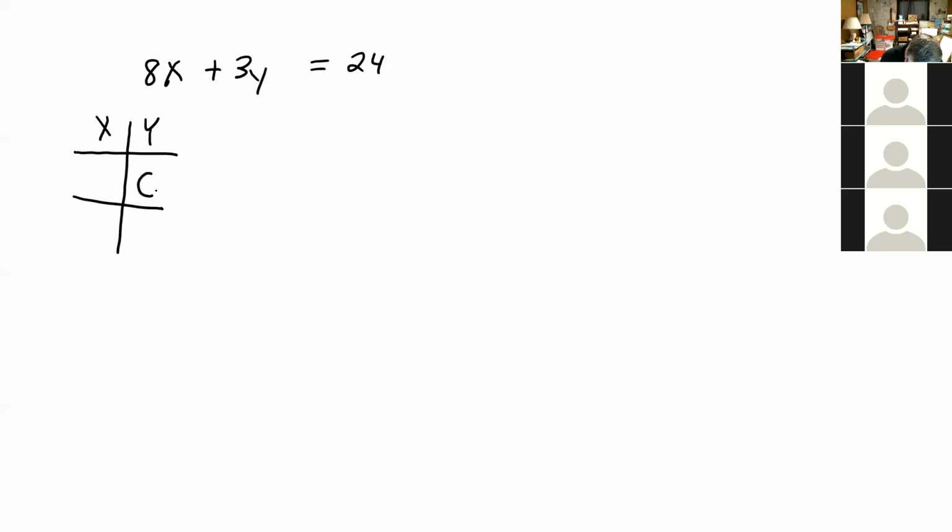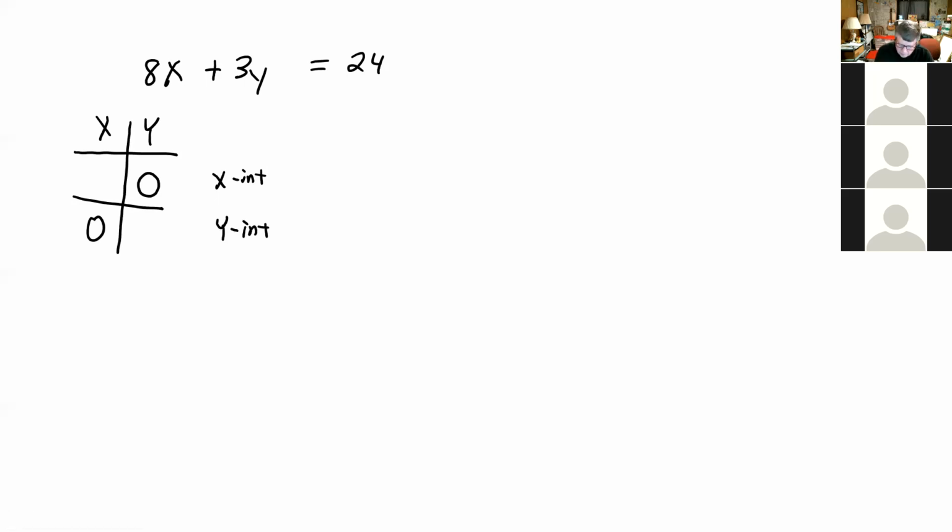So we have an equation, 8x plus 3y equals 24. So to find the X and Y intercepts, basically, I'm going to complete this table. To find the x-intercept, set y equal to 0. So we'll say that's the x-intercept. To find the y-intercept, set x equal to 0.